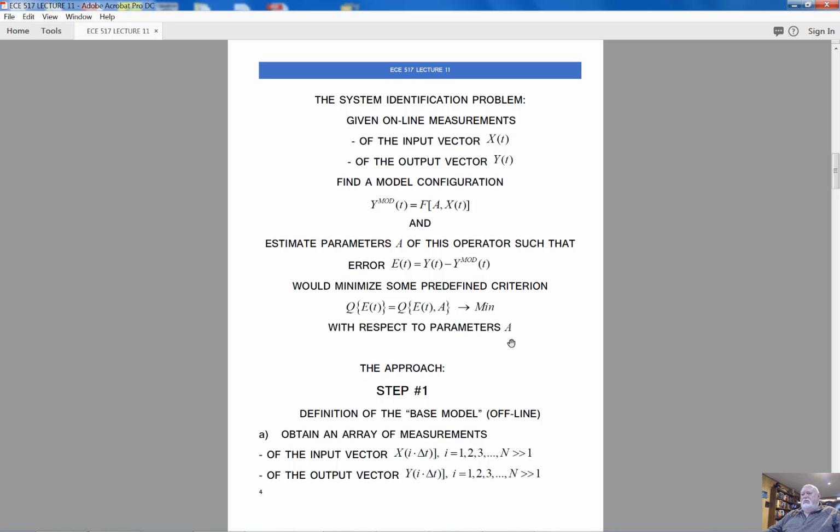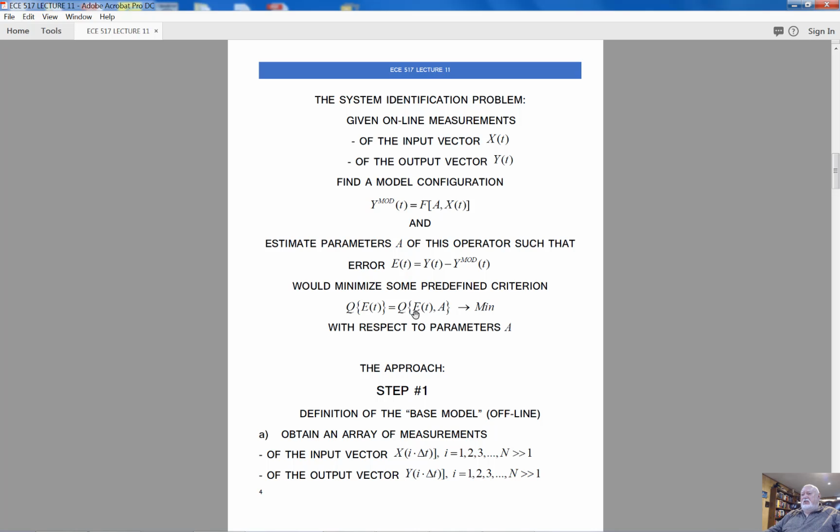It is a criterion. We call this criterion Q. It is normally a function of the error, of this error. But error depends on the model definition. And the model definition contains parameters, A. Therefore, this criterion, in addition to be a function of error, it's also a function of parameters A. And this is what we can do.